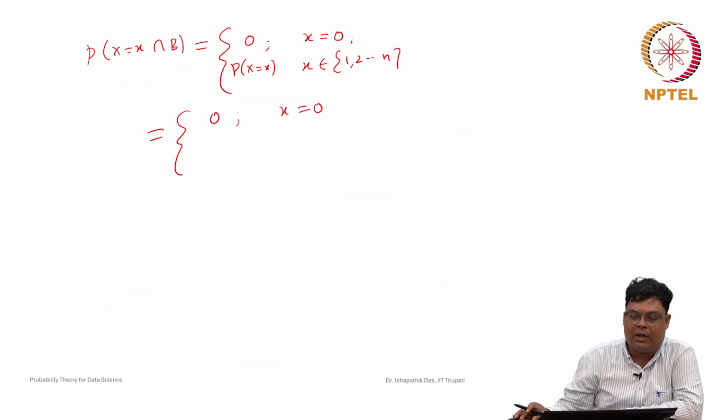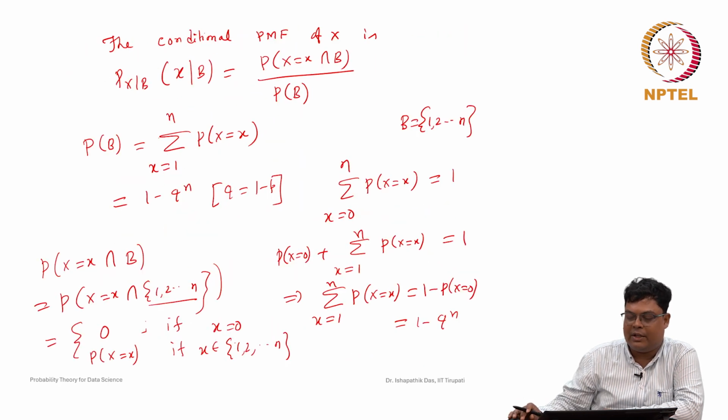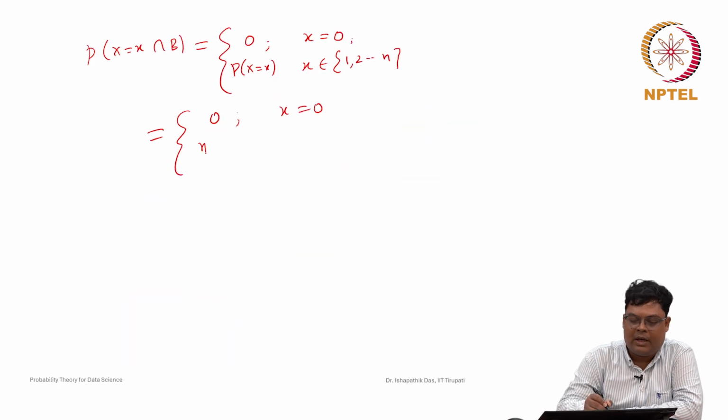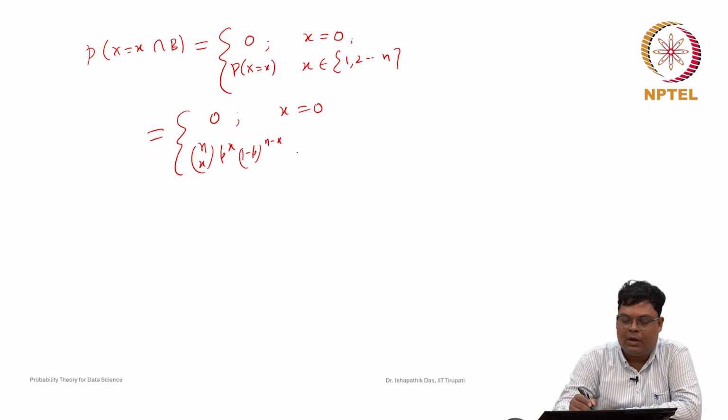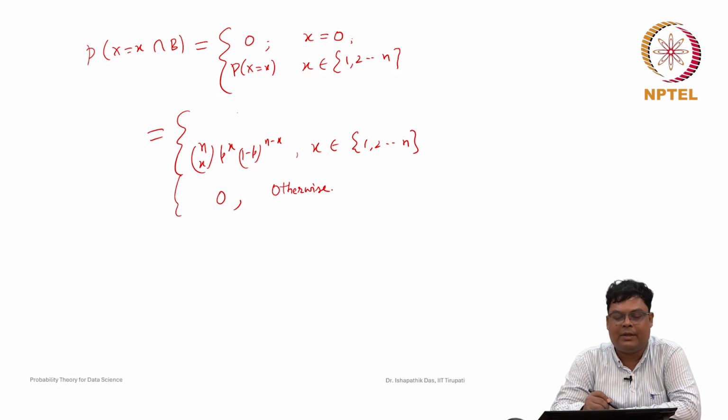Already we know this is the probability of the binomial random variable, nCx p to the power x (1 minus p) to the power n minus x, whenever x belongs to 1 to n. For any other value it is 0 otherwise. So basically we can combine these things.